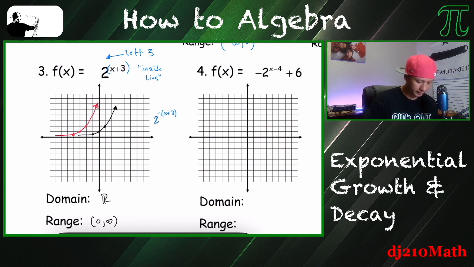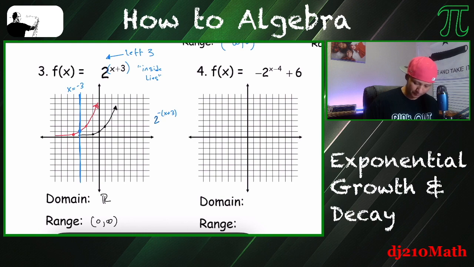It's actually going to reflect it across the middle key point, the 0, 1 point. Now, in this case, the 0, 1 point got shifted left. So it's going to reflect it across x equals -3. So the thing to note there is that it reflects it across that middle key point. Just a little FYI.